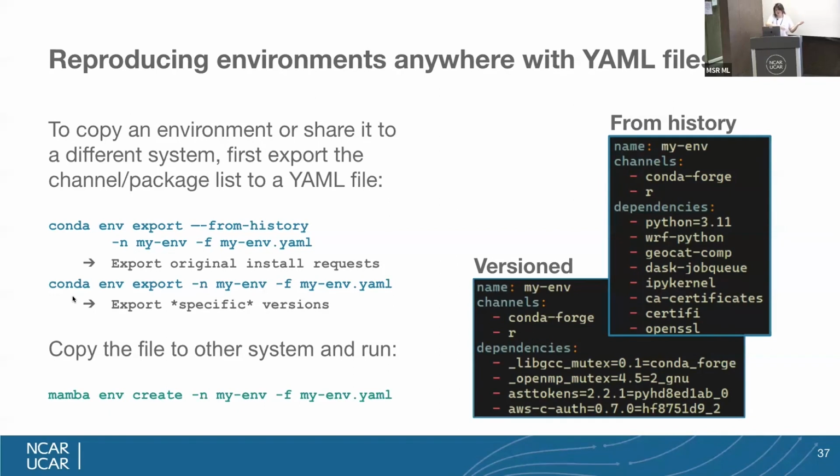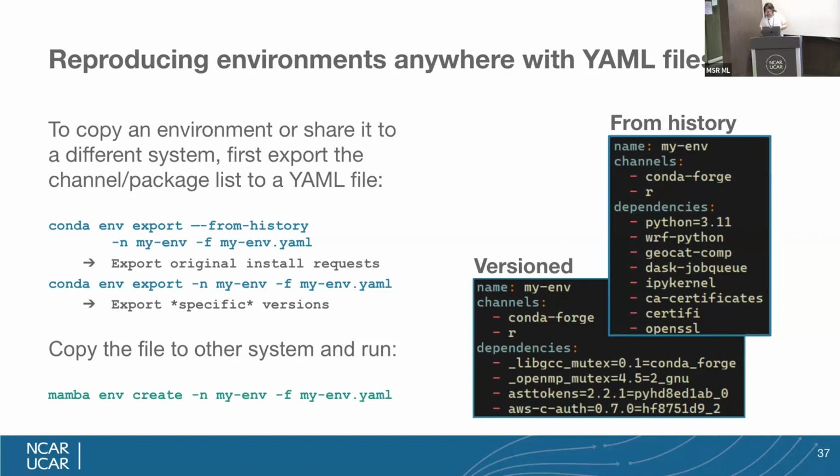And this will list out all the different install requests that you had specifically in your conda environment. Okay. From there, you can also export a very specific version of your environment as well. But I won't talk too much about that because I didn't talk about versioning in Conda. So apologies on that. I'm kind of low on time, so I don't want to dig too far into that.